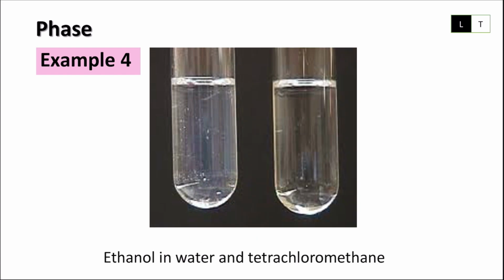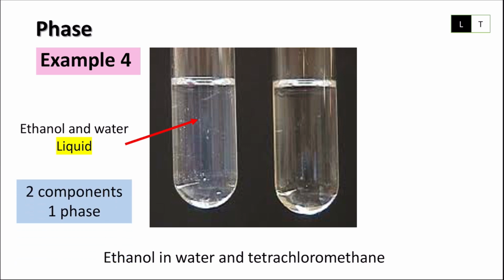Next, I have another example, which is ethanol in water and tetrachloromethane. So for ethanol and water, both of them are liquid, so we have two components but they are mixed well together, so one phase. Same goes for ethanol and tetrachloromethane.